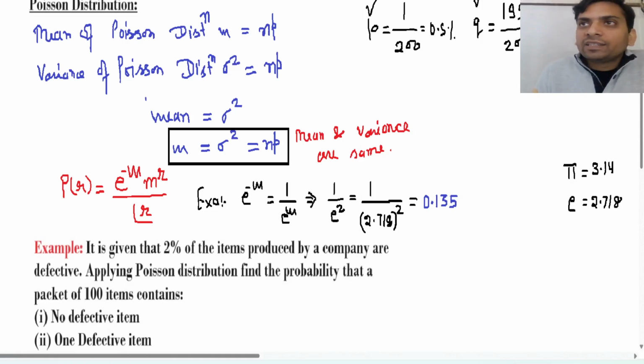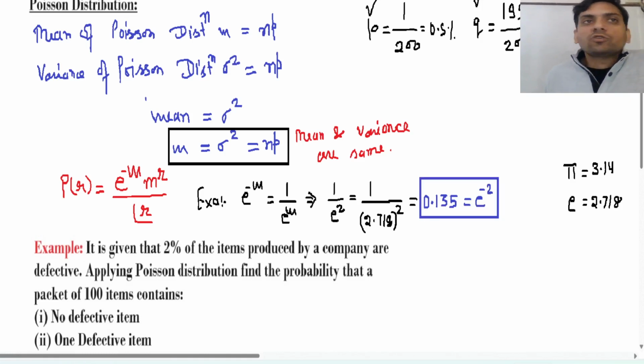So this is 0.135. Clear? This means this is the value of E raised to the power minus 2. Sometimes this value is directly given in the examination, or sometimes you need to calculate it using a calculator. Calculator is allowed in the exam. Done?